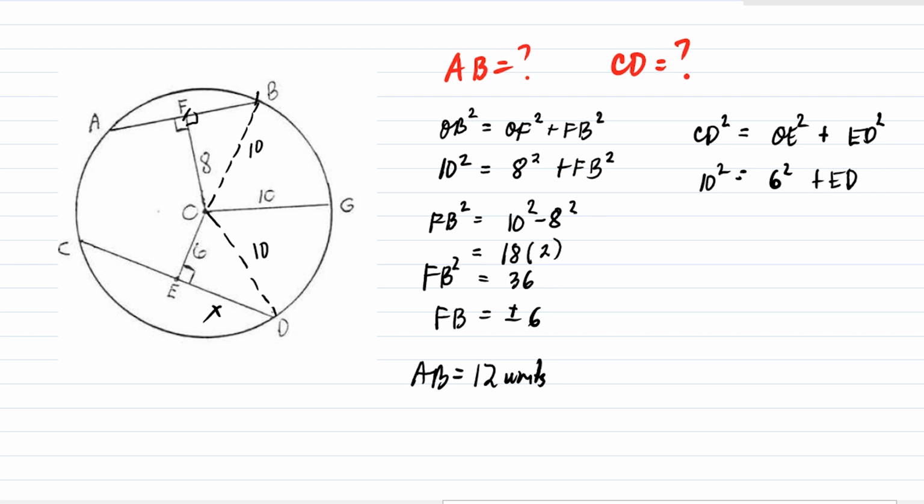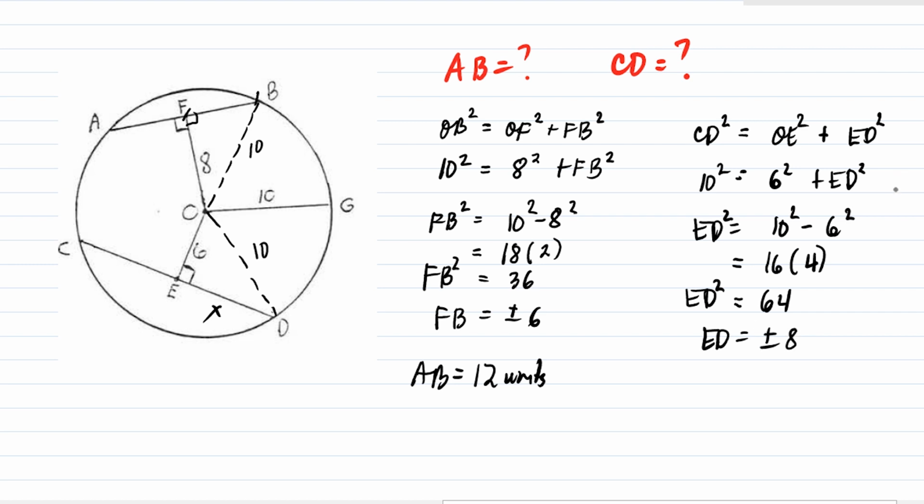And let's arrange this. We have ED squared is equal to 10 squared minus 6 squared. 10 plus 6, that is 16. 10 minus 6, that is 4. 16 times 4 is 64. So therefore, ED is equivalent to plus or minus 8.